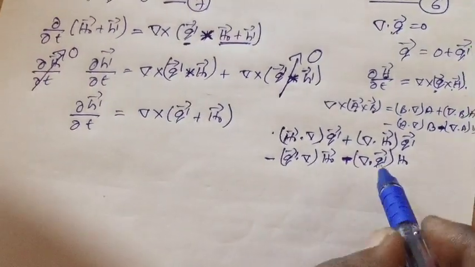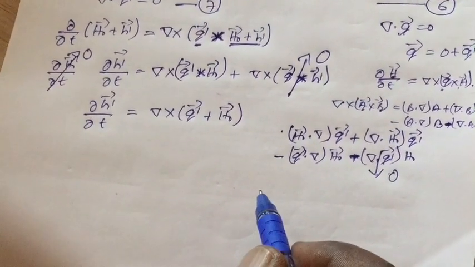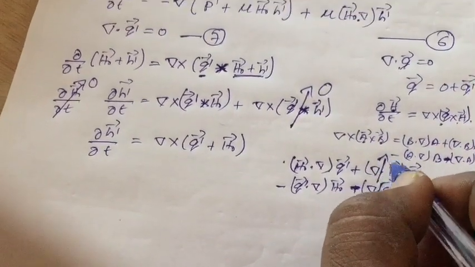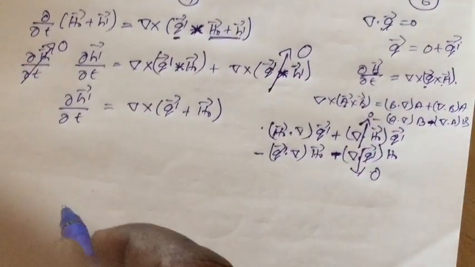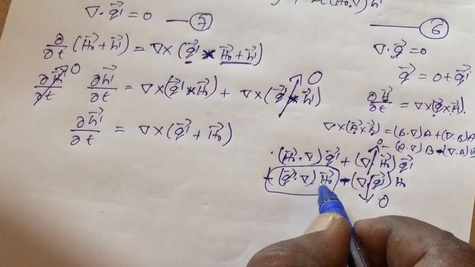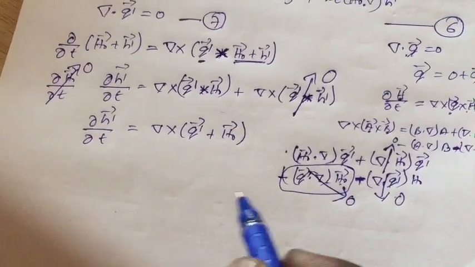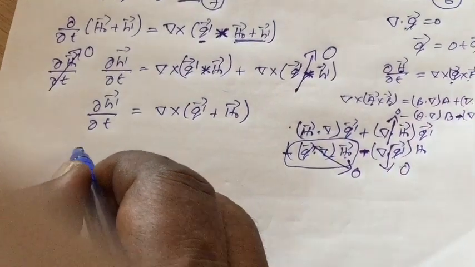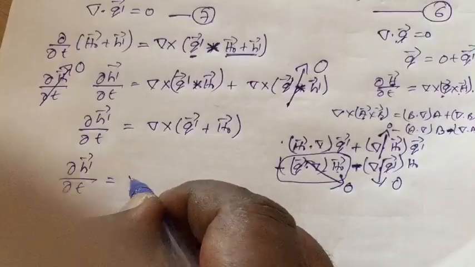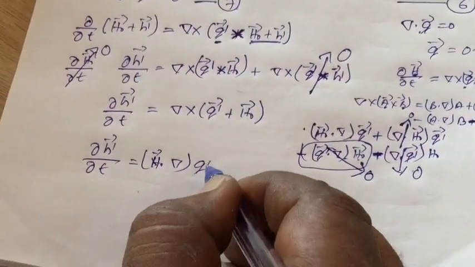So using equation 7, del dot Q dash is equal to 0. And from the solenoidal property, you know divergence of H naught is 0. That's why these two become 0. And for this, the derivative is applied on a constant, uniform vector. That's why this quantity becomes 0. So therefore, simply you are going to get del H dash by del T is equal to H naught dot del of Q dash.